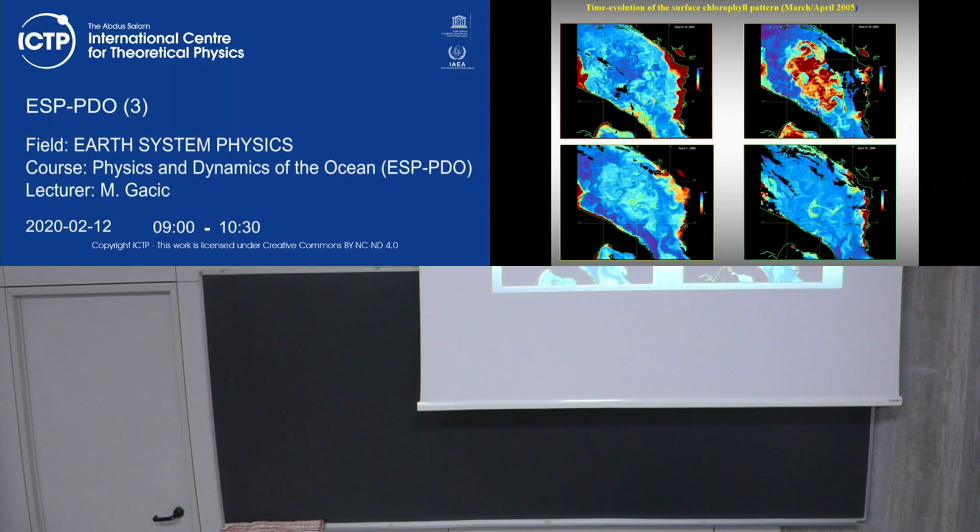So this is the material which is then used by living organisms in the surface layer to live, to survive and to bloom. These nutrients are used by phytoplankton because on the basis of that and oxygen, the phytoplankton blooms. If you have enough nutrients, the phytoplankton blooms, and you can see it from the satellite.